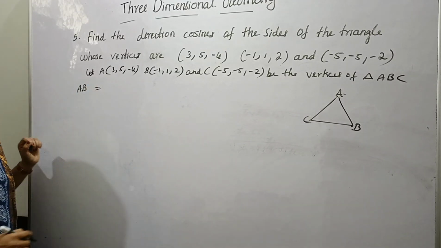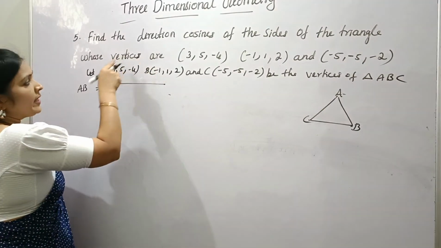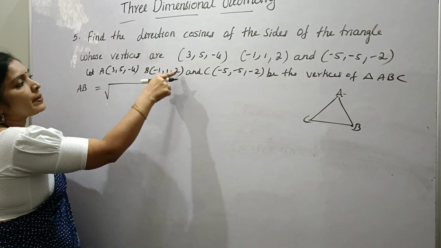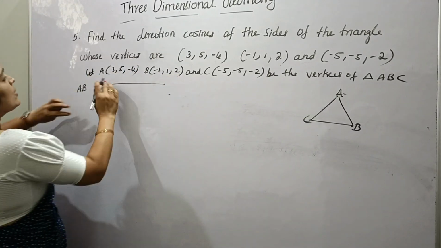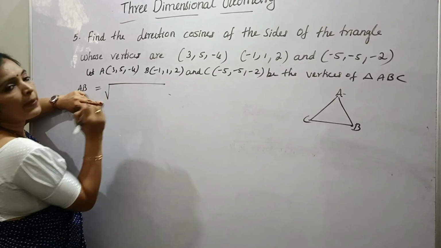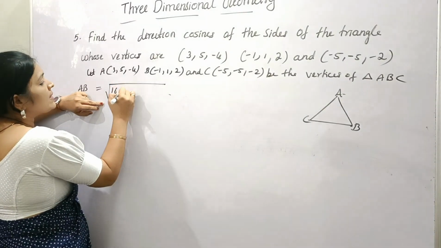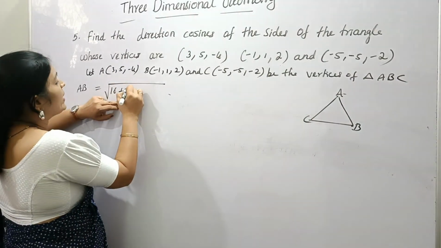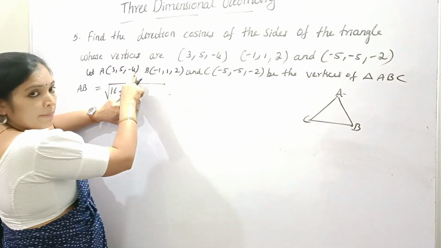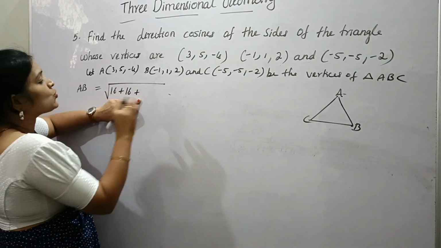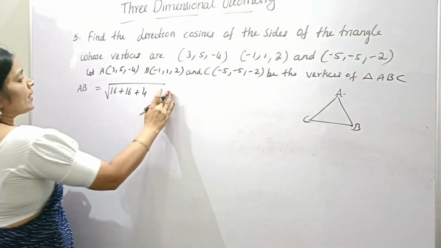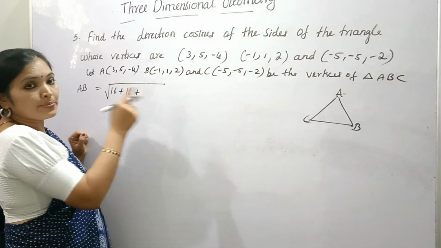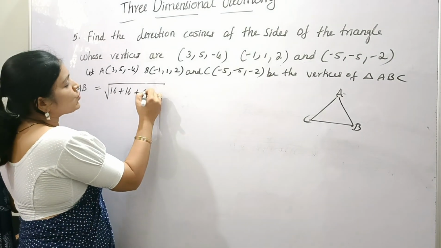That is equal to the square root of (x2 minus x1) whole square plus (y2 minus y1) whole square plus (z2 minus z1) whole square. So minus 1 minus 3 is minus 4, square 16, plus 1 minus 5 is minus 4, square 16, plus 2 minus 4, that is 2 plus 4, 6, square 36.